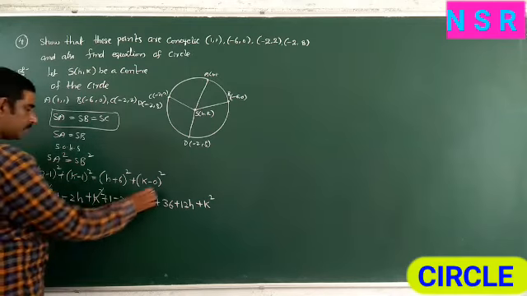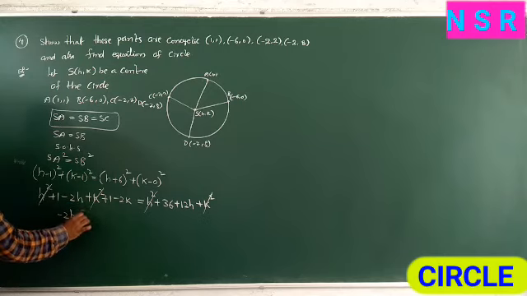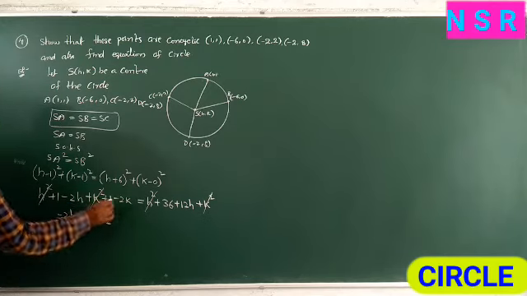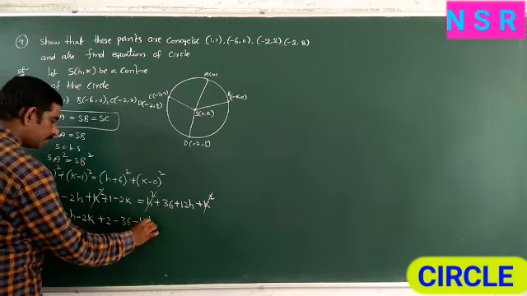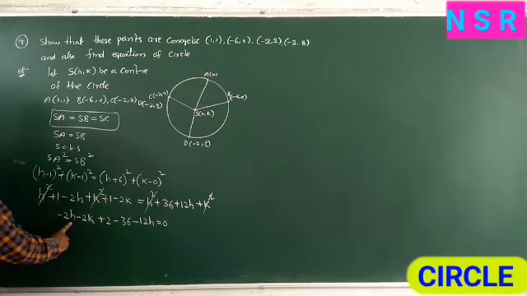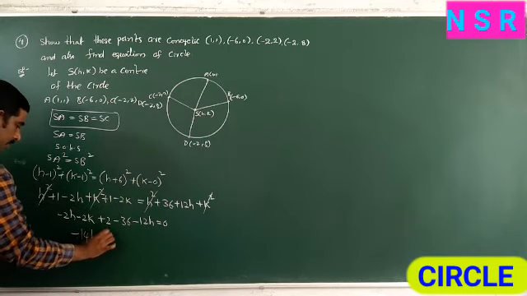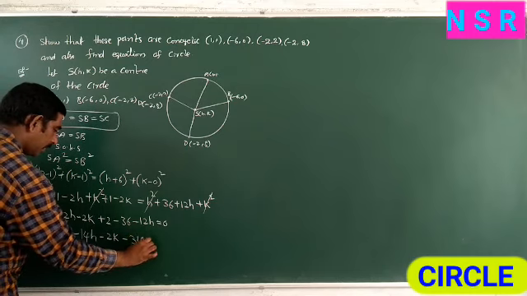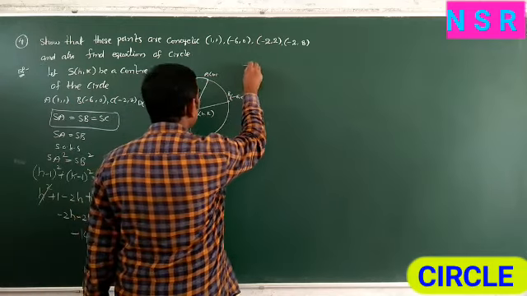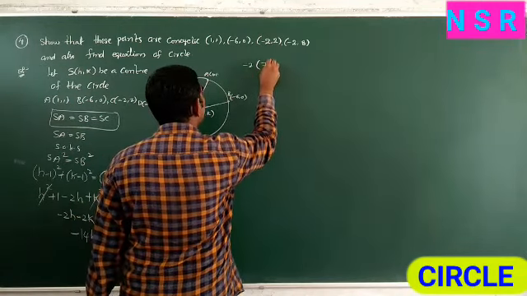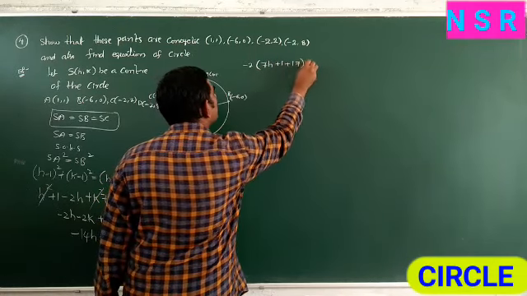So on both sides h square and k square get cancelled. So we get minus 2h minus 2k, 1 plus 1, 2. Next 36 and 12h, move this side, we get minus 36 minus 12h equal to 0. So minus 2h minus 12h, minus 14h, minus 2k, minus 34 equal to 0. Take minus 2 common here: 2 sevens are 14, 2 ones are 2, 2 seventeens are 34.